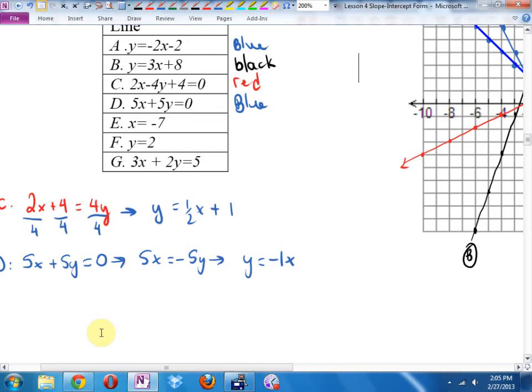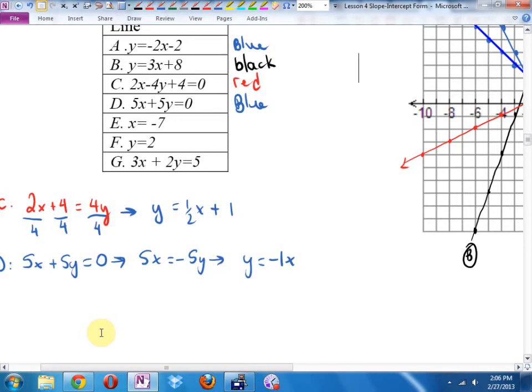E. What's weird about E? Okay, you're missing a letter. So this is either horizontal or vertical. It's either horizontal 7 down or it's vertical 7 left. Which one? Sam? Vertical 7 left.